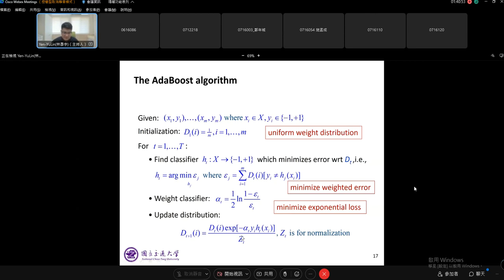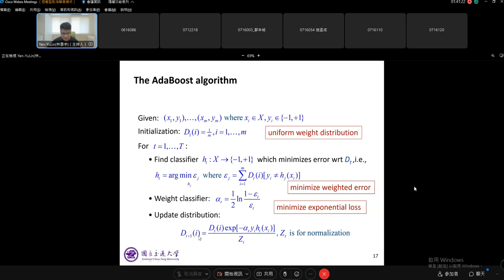Finally, the third step is weight update. We want to update the data weight. So this is the equation to compute the updated data weight distribution. Let's look at the detail. Our goal is to calculate the weight distribution for the next iteration.